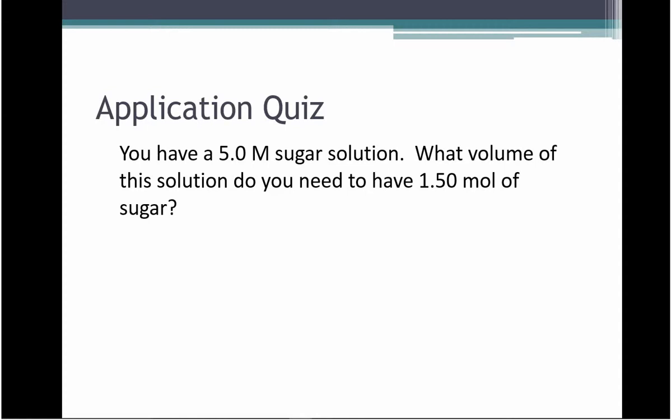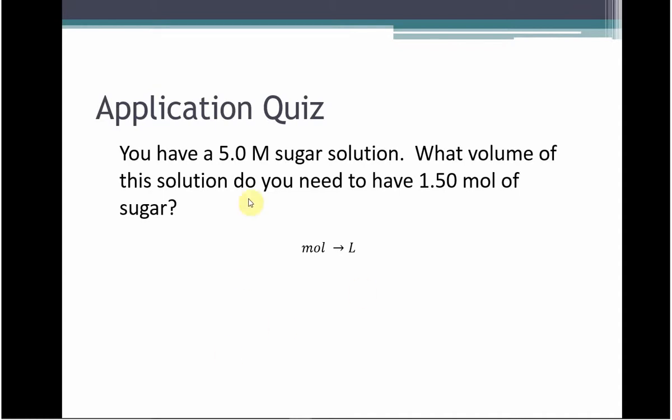Now we could also work in a different way and say you have a 5 molar solution. What volume do you need to have to get 1.5 moles? This is a little bit trickier. Here you want to consider we need to start with moles, and we're working towards liters.